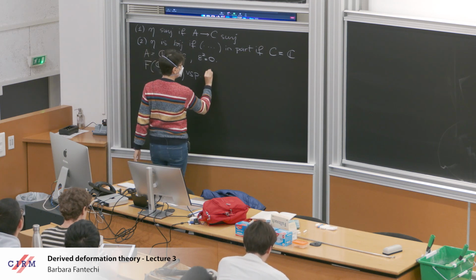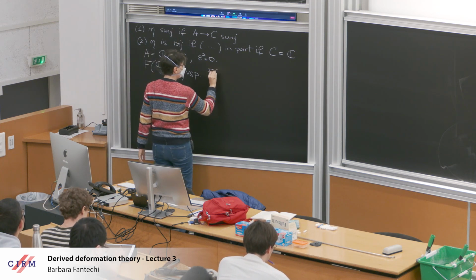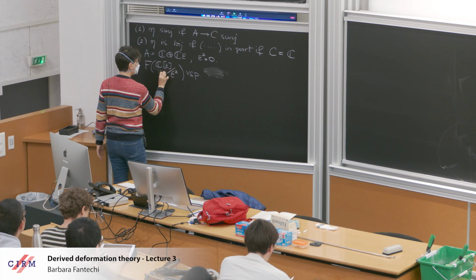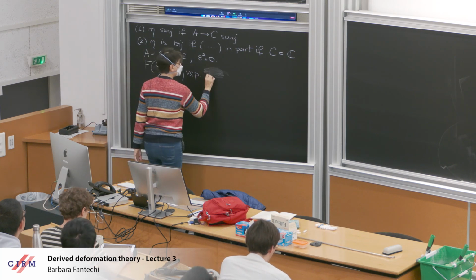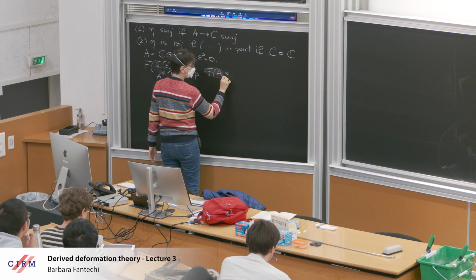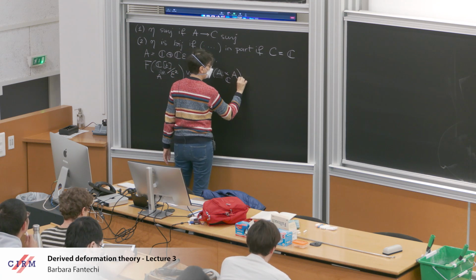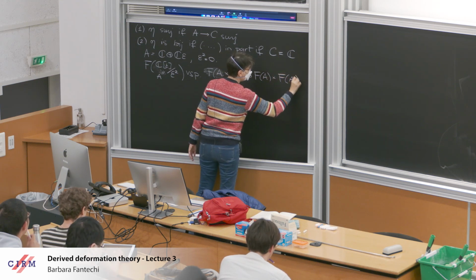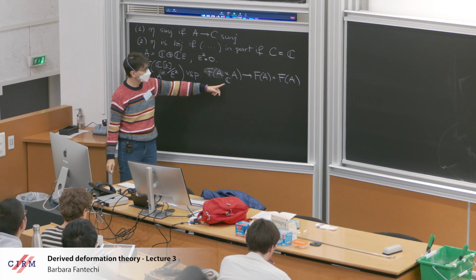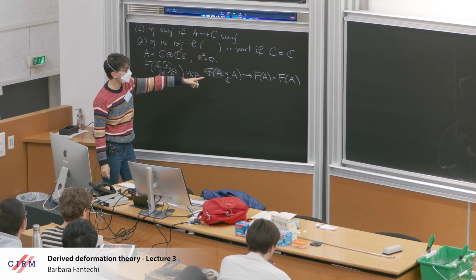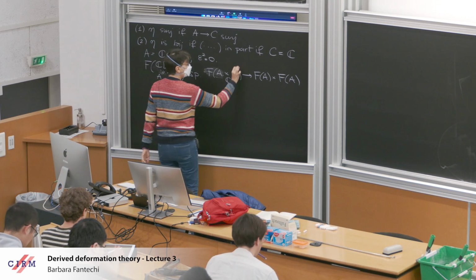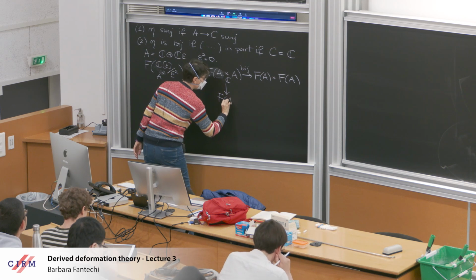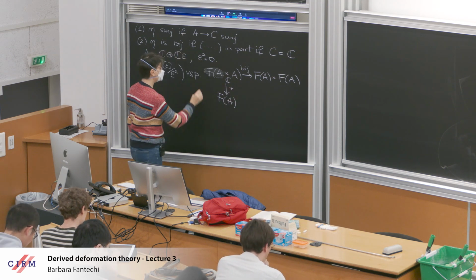What you get is, if you call this A, a map from F(A times_C A) to F(A) cross F(A). I would have to do the fiber product over C, but the image of C is one point. And this is bijective. On the other hand, I have a map induced by the sum.